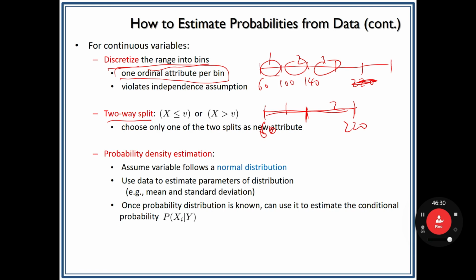This method is much simpler than the previous one, but we take the risk of losing the information that the continuous values have. This case has more loss of information, and this case has less loss of information.